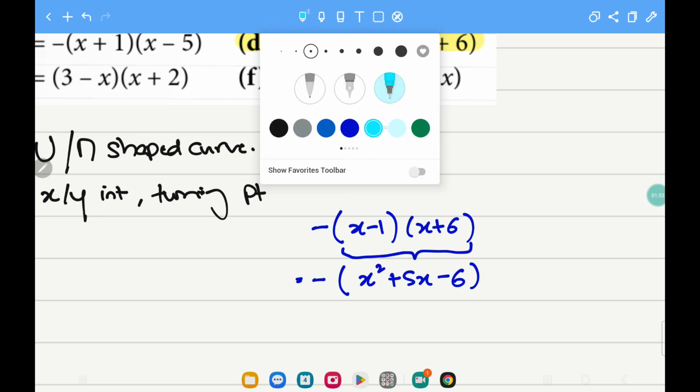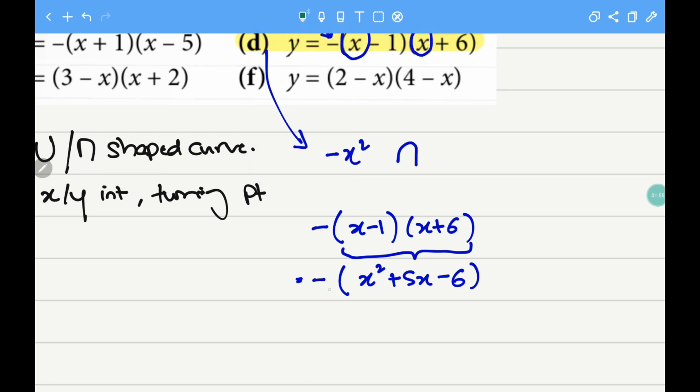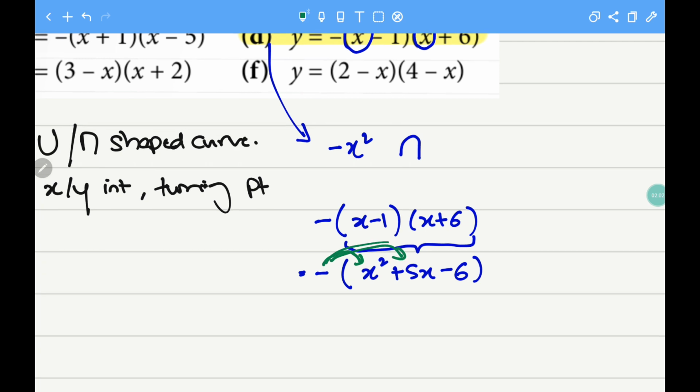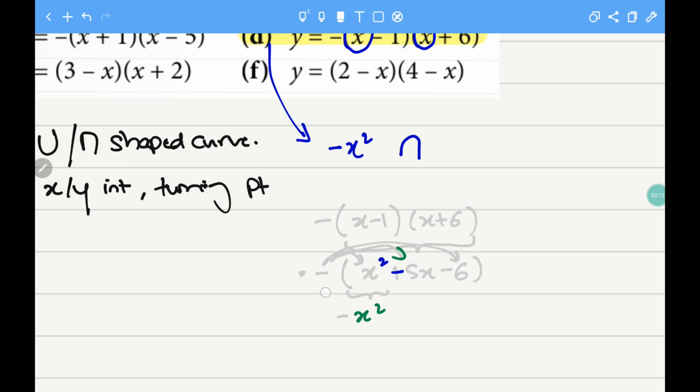Then when you expand, you have to multiply the negative into all three terms, which is why your x squared is going to be negative x squared. So coming back to the shape of the curve, it is going to be an N-shaped curve.